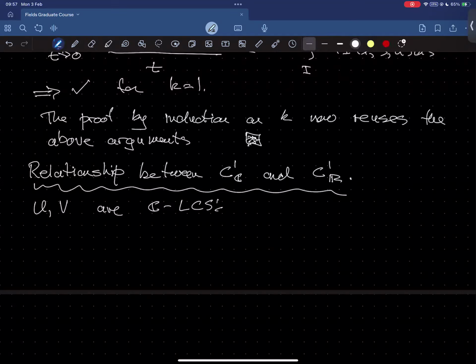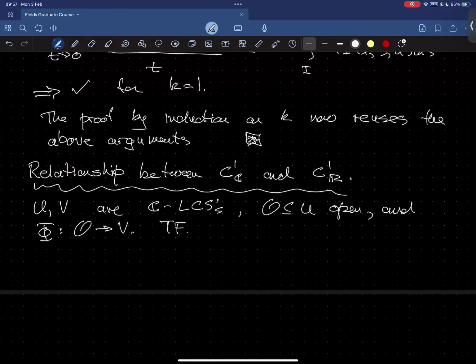O in U is open, and phi, of course, is from O into V. All right. So then the following are equivalent.